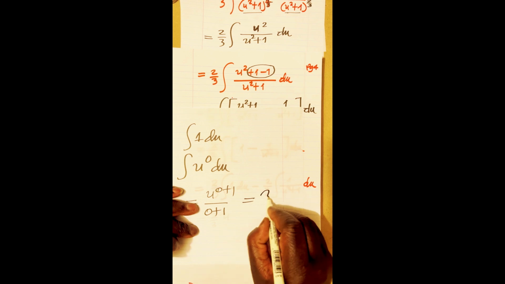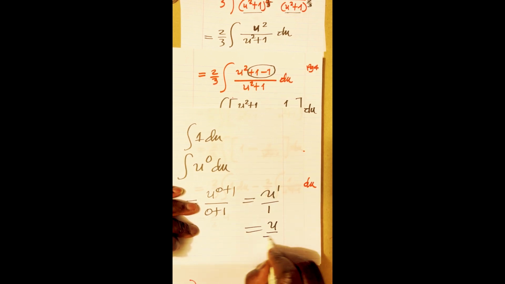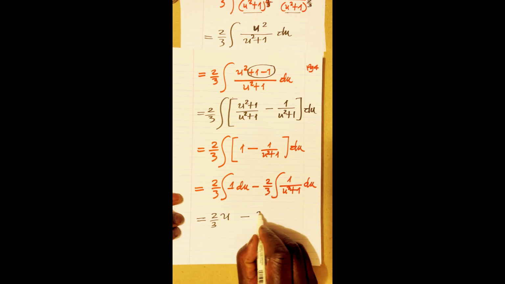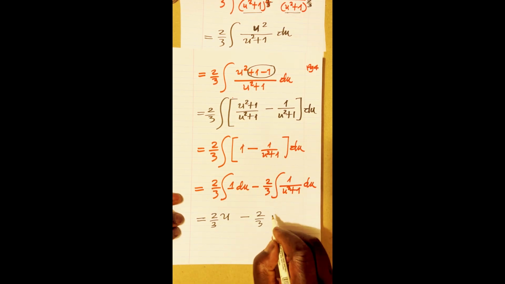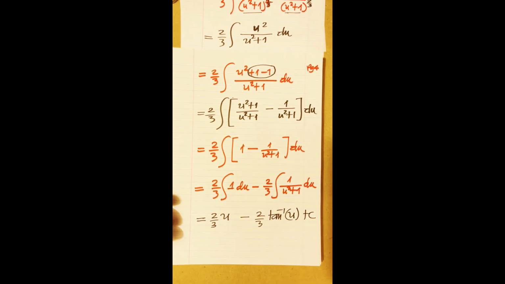Remember, 0 plus 1 is 1, so u power 1 all over 1. And what is this? u. That's how we obtain u from the integral of 1. And what do we have next? Minus 2/3. And what we have here, I'm going to show you shortly, is tan inverse of u. And then we have to say plus c, because our integral is an indefinite one.